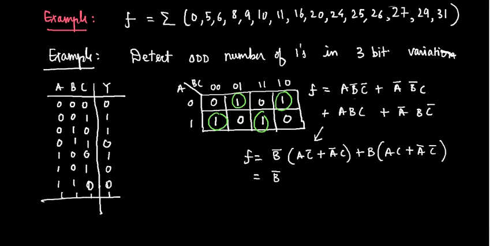A C bar plus A bar C is written as exclusive OR. That means if odd number of ones are there, then only it will be 1.